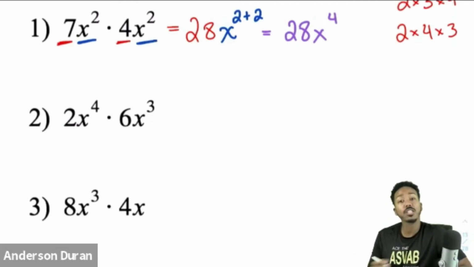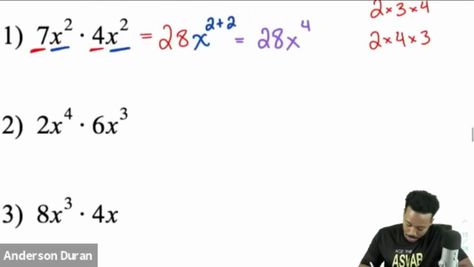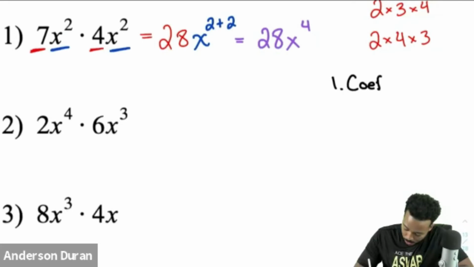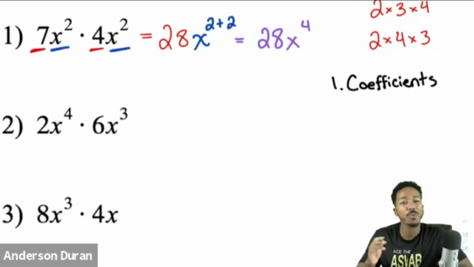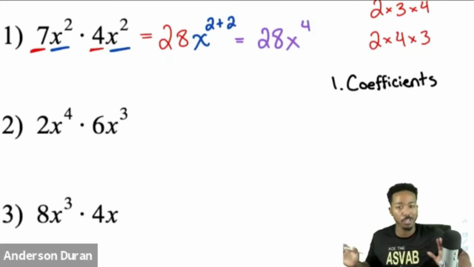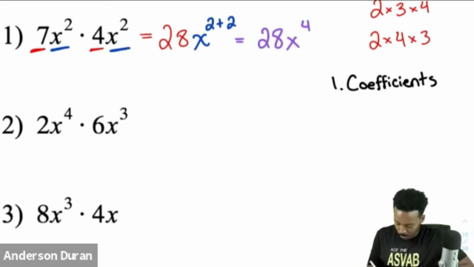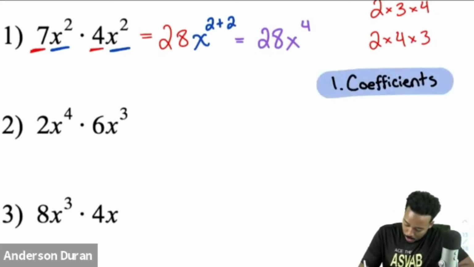So the first thing that we're going to take care of, a good way to make this easy, is to say, step 1, coefficients. Again, the coefficients are just the numbers in the front. So not the powers, not the exponents, just the numbers in the front. Take care of those first. So what do I mean by that? Let me just highlight this in blue here.